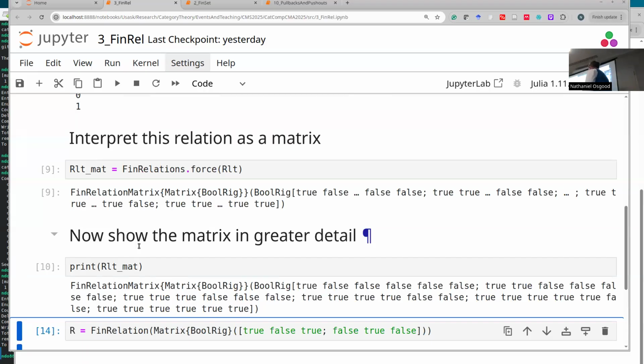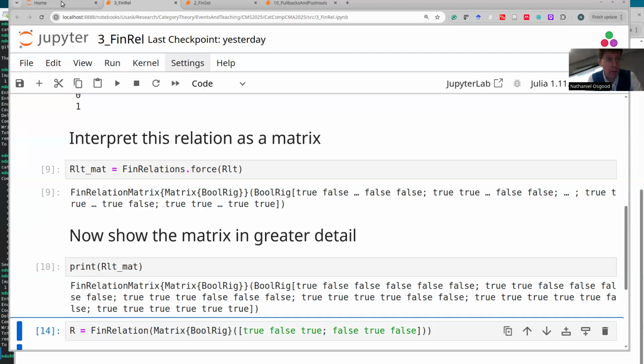This is rendering it as a table, which basically says, is there a mapping for a given element in the source set to a given element in the target set? It's a matrix because a given element in the source could have a relationship with multiple elements in the target. So this is rendering it as a matrix, and we can define relations as matrices, etc. Are we okay with that?